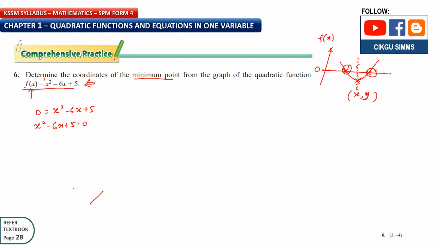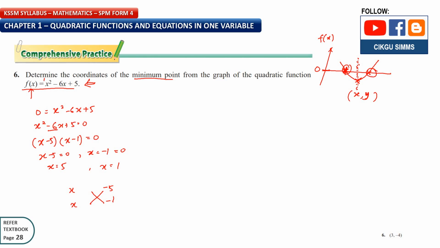Then you need to solve it by factorization. 1, 5 because I want to get 6, and then negative 5, negative 1, you will get negative 6. So done. (x minus 5)(x minus 1) equals 0. So you have two roots. One is 5, another root is 1.